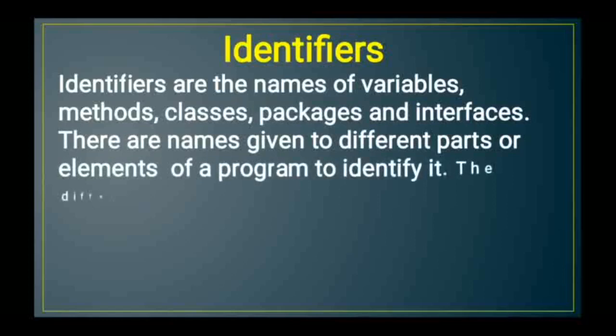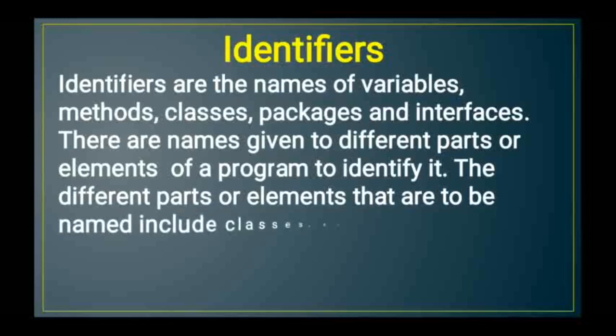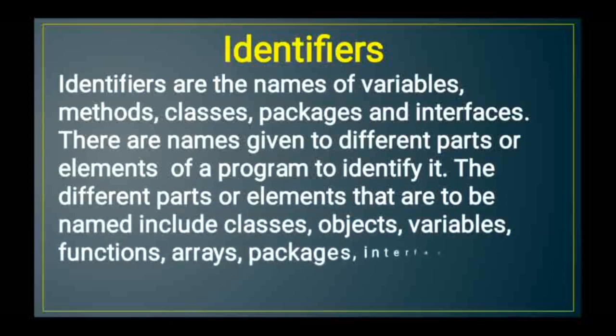Identifier means the name of all the variables, methods, classes, packages and interfaces, and they are names given to different parts or elements of a program to identify them. The different parts or elements that are to be named include class, object, variable, function, array, package, interface, thread, etc.